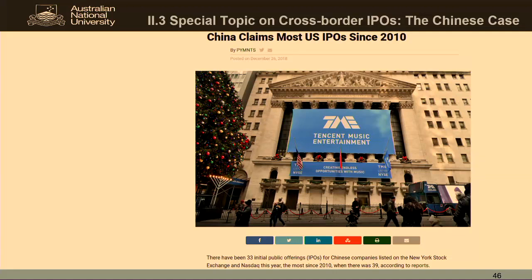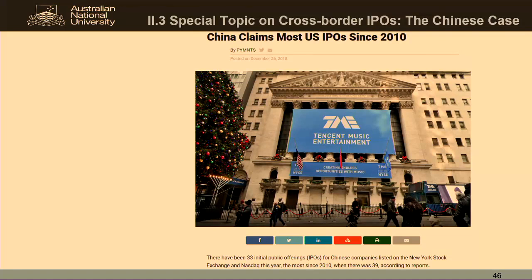Since 2010, there have been 33 initial public offerings with Chinese companies being listed on the New York Stock Exchange. They are a subset of cross-listing because cross-border IPOs means that they don't actually have listings on their domestic market. Their first issuance is in a foreign market.